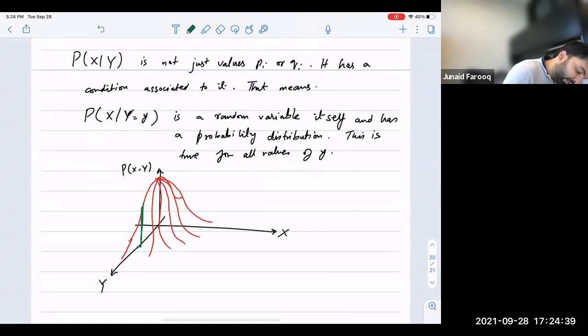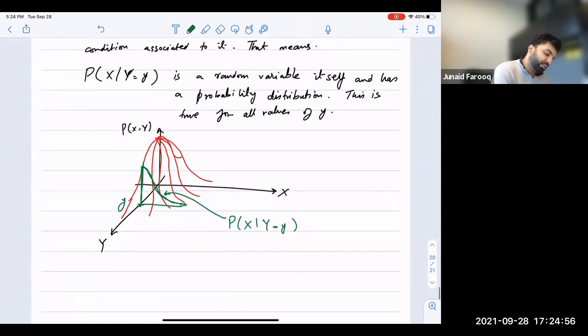So you will get something, x. This is small y. It's like a distribution in itself.